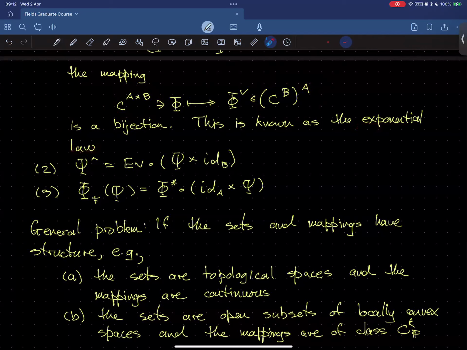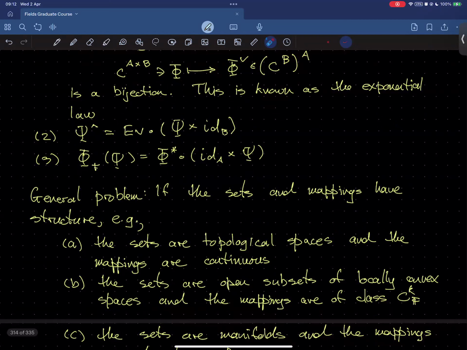And so you see that it has this property that C to the AB is the same thing as C to the B to the A. That's a property that is possessed by the exponential function. So that's why this is called the exponential law. And that's sort of why this notation of C to the B being the mappings from B into C reveals why this thing is called the exponential law.